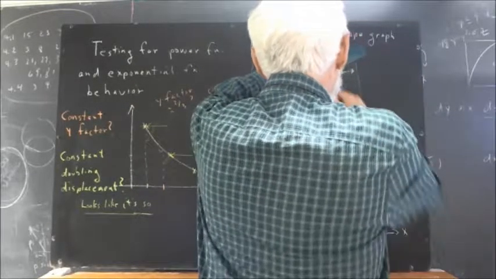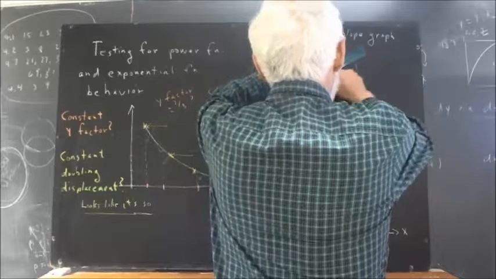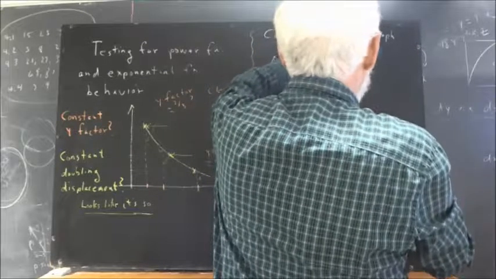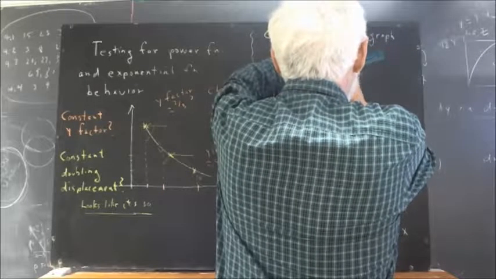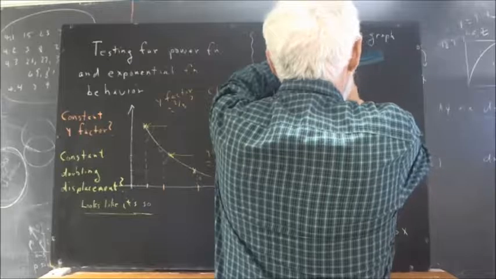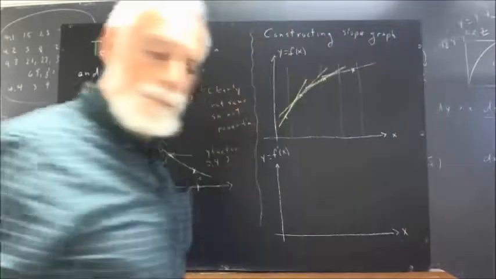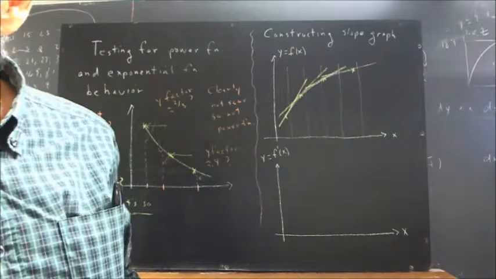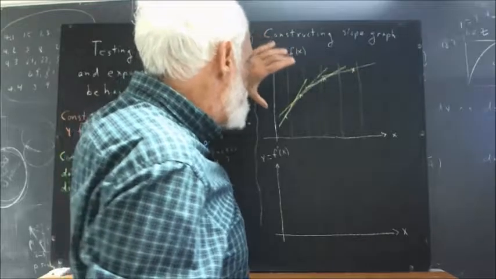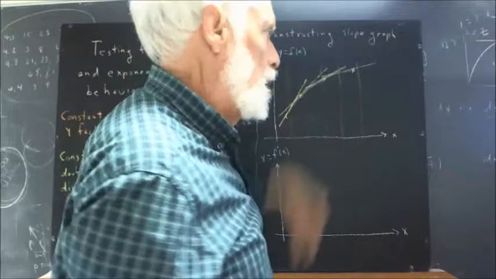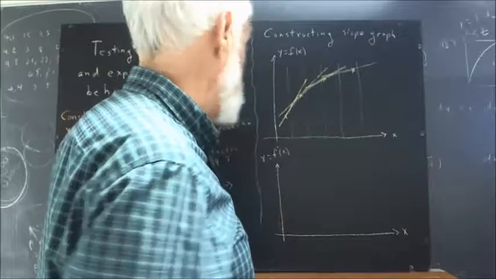Then I'm going to construct one here, and I'm going to construct one here. Now, if I've got a nice smooth curve, it should be easy to determine lines whose slopes are equal to the slope of the tangent line.